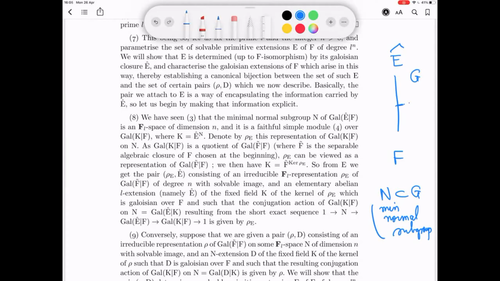I have the fixed field of N, and that's being called K. So if I look at the Galois group of F tilde over F, where F tilde is the separable algebraic closure, then of course the Galois group of K over F is going to be a quotient of the Galois group of F tilde over F, because K is a sub-extension. Now, you have the kernel of this quotient map.